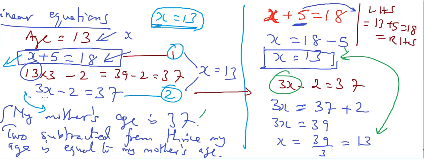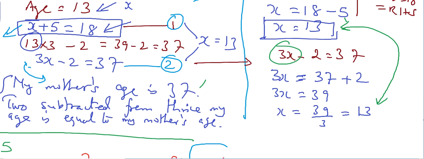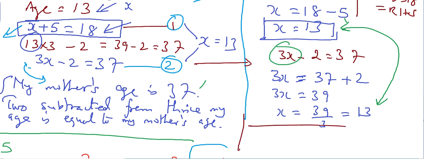In this equation, 3x minus 2 equal to 37, what is LHS? 3x minus 2. We got the value of x as 13, isn't it?